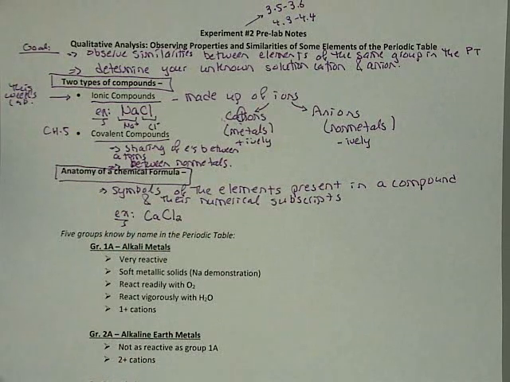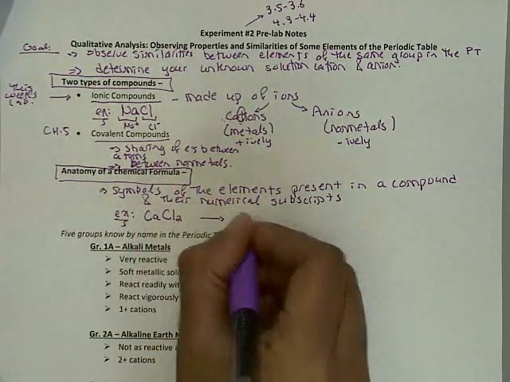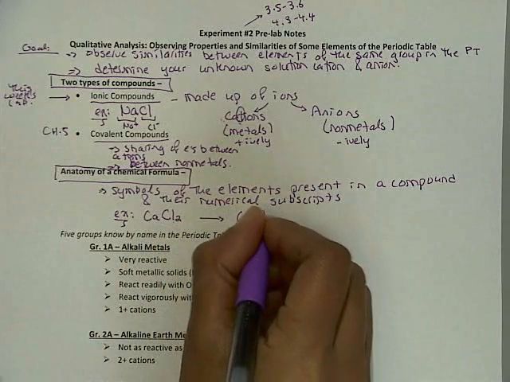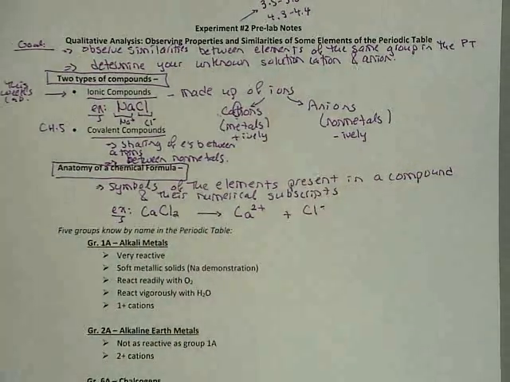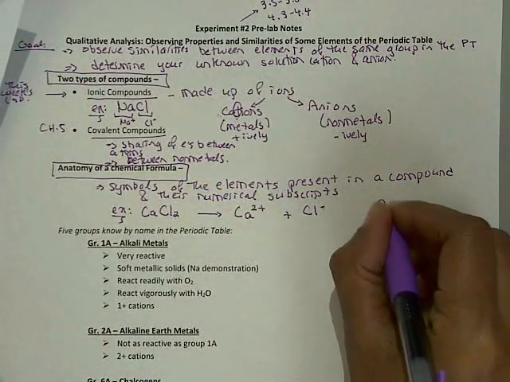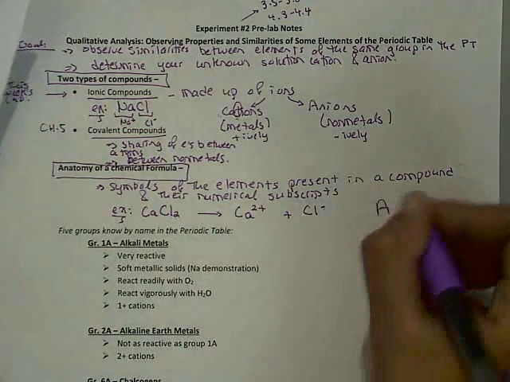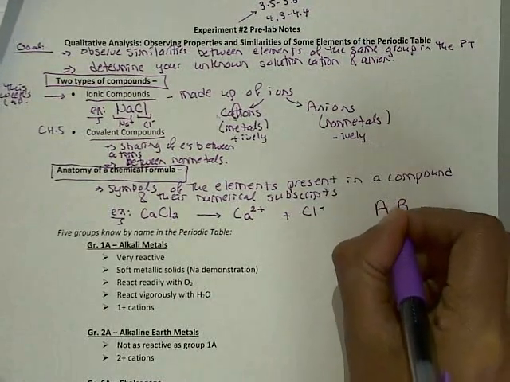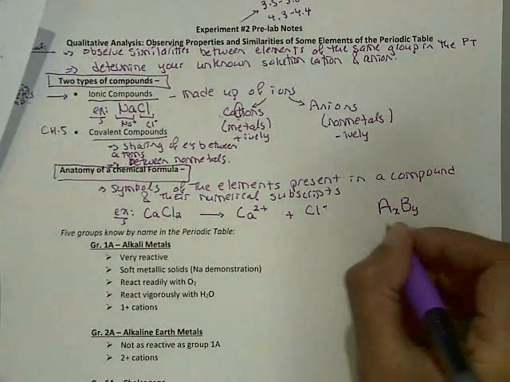We'll go over naming heavily in lecture. So let's dissect the anatomy of calcium chloride. Calcium chloride is comprised of calcium 2 plus and chlorine minus. If it's a -1, we don't actually write 1, we just write minus. So for the anatomy of a chemical formula, you have a cation, which I'm just representing as A, and an anion, B, and you have subscripts with each one of these.